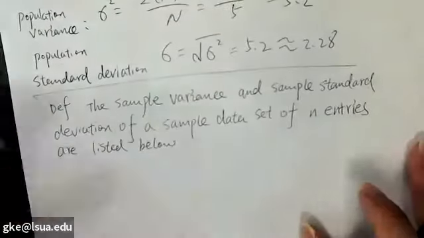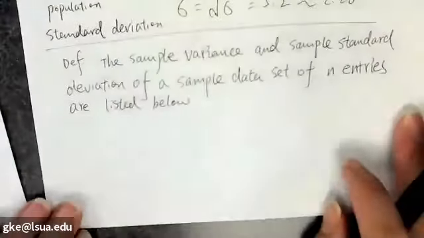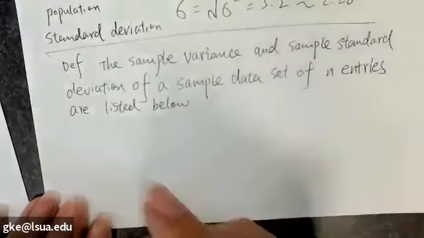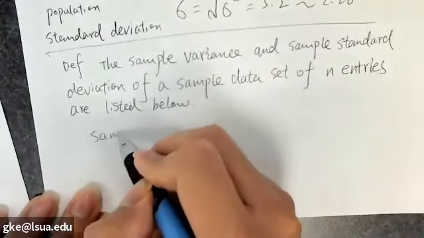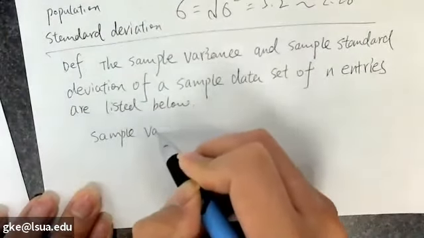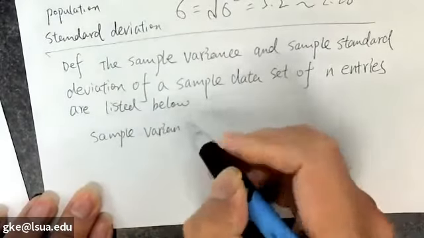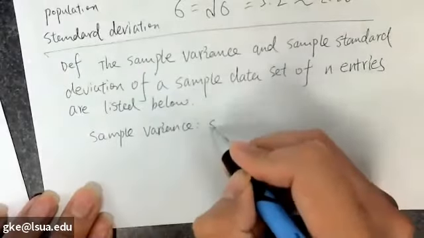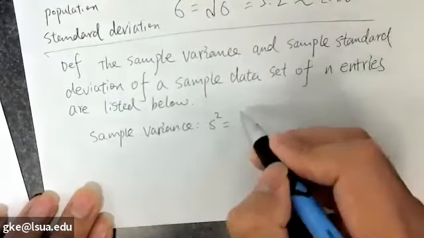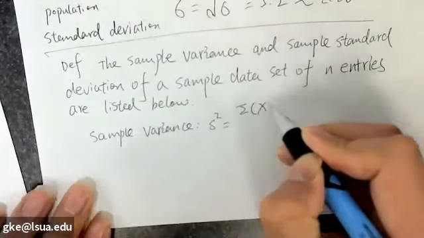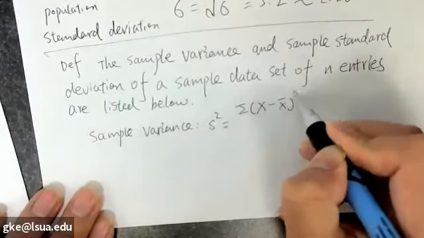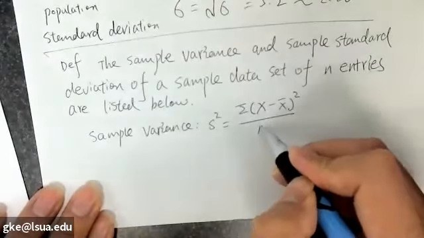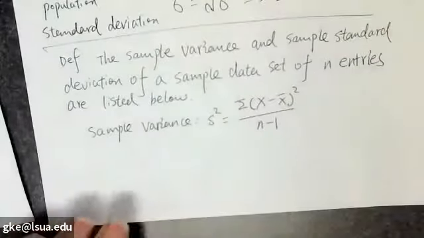And we have these two formulas corresponding to sample. So for the sample variance, that is s squared equals the sum of (x minus x bar) squared divided by n minus 1.